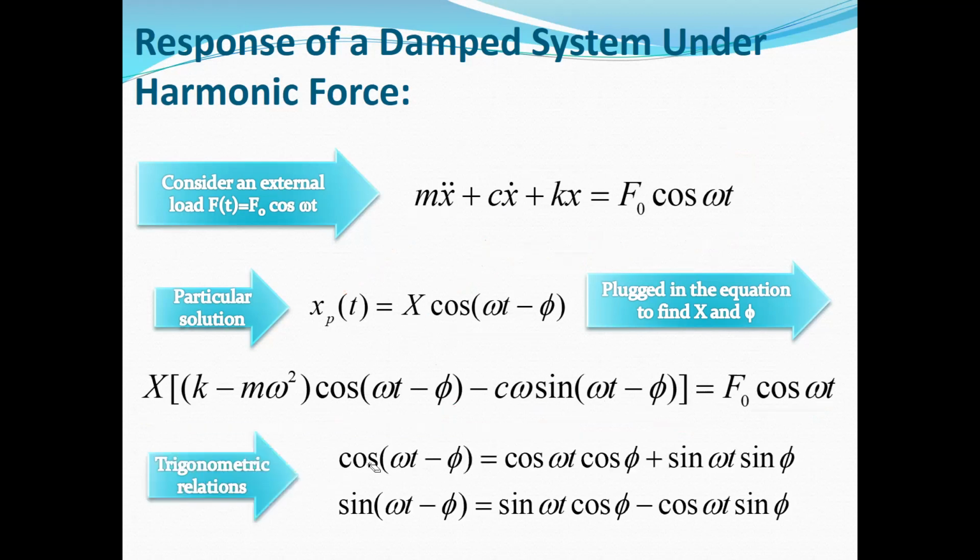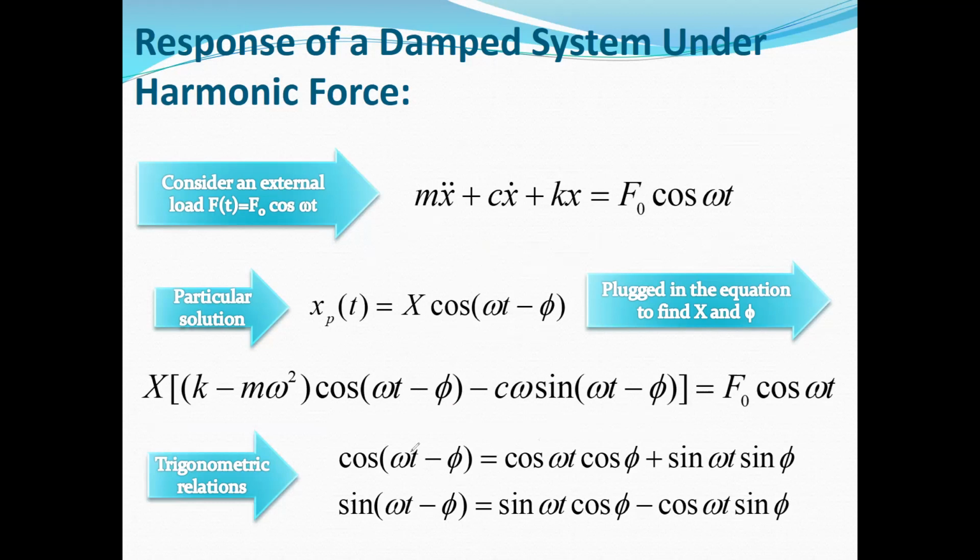As you can see from the trigonometric relations, we know that cosine(omega t minus phi) is equal to cosine omega t multiplied by cosine phi plus sine omega t multiplied by sine phi. And also, sine(omega t minus phi) is equal to sine omega t cosine phi minus cosine omega t sine phi.